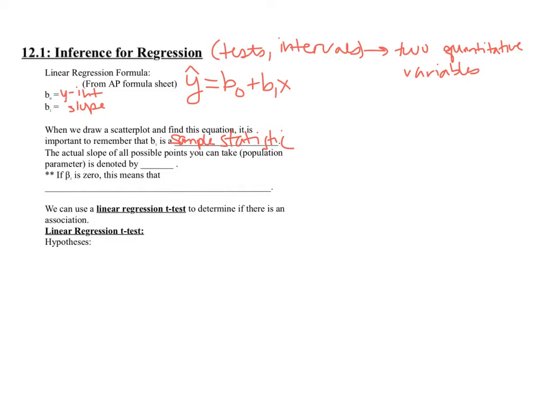The actual slope, we're going to denote using beta 1. And if that beta sub 1 is 0, that means there is no association between the two variables.